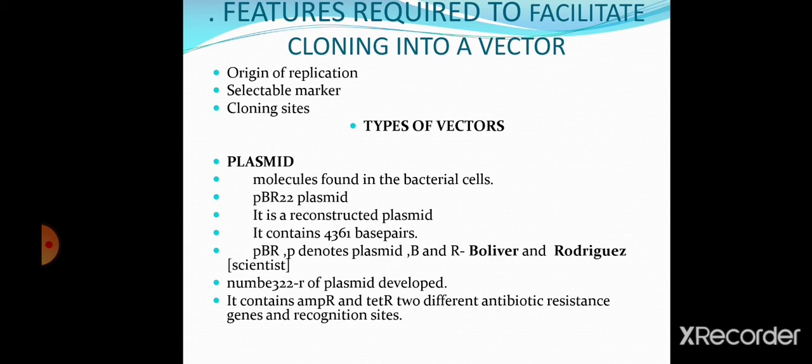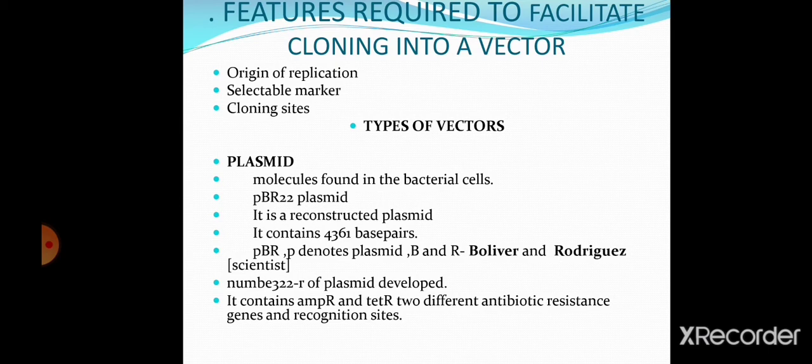pBR322 plasmid. It is a reconstructed plasmid which contains 4361 base pairs. What does pBR322 represent?